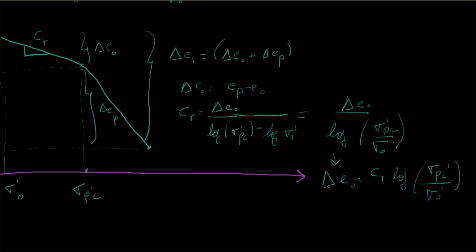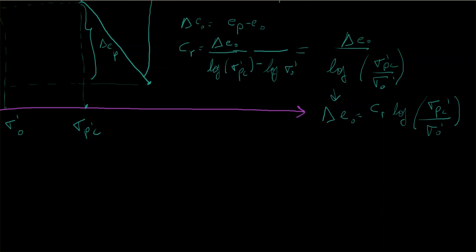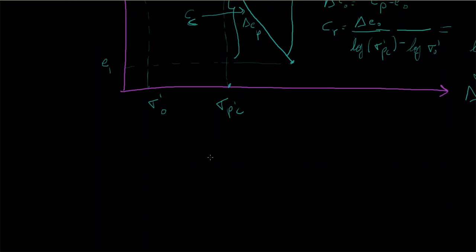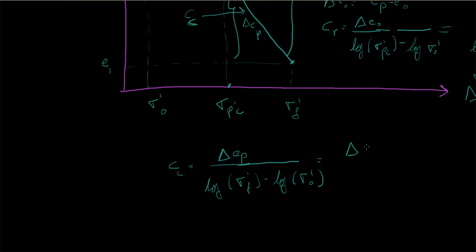Next, delta EP uses this slope, which is the CC slope. So CC equals delta EP over log sigma final minus log sigma PC, which is log over log.